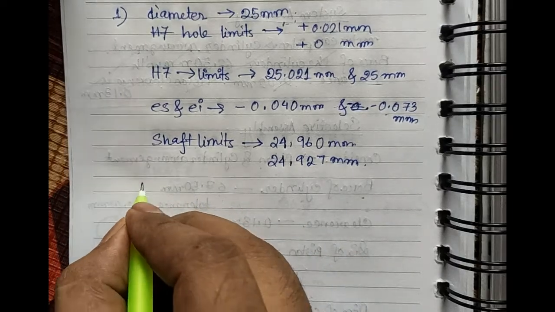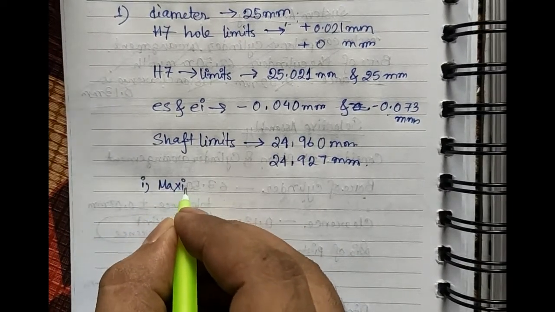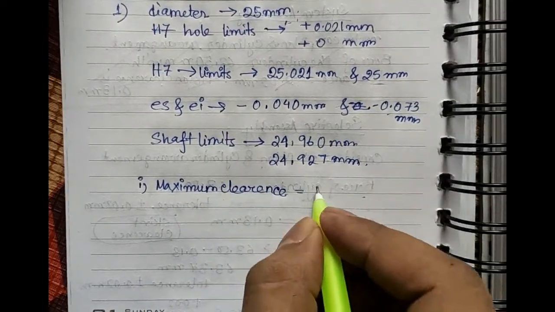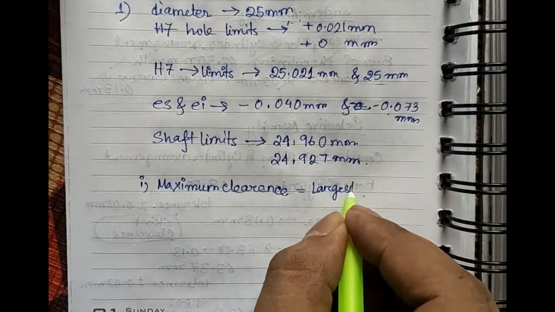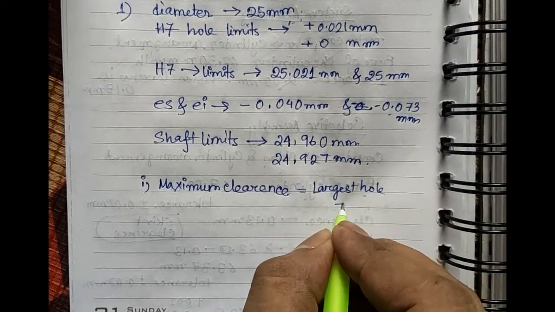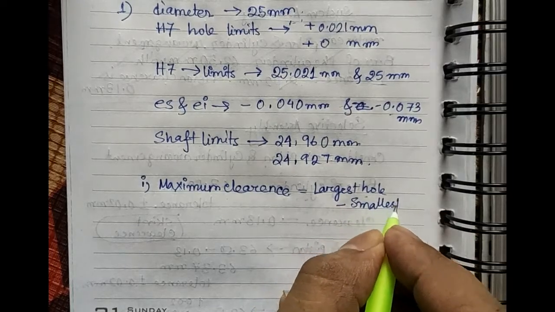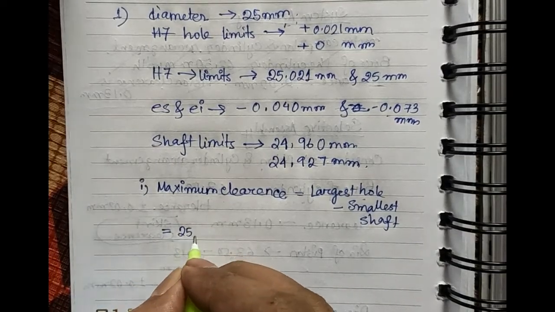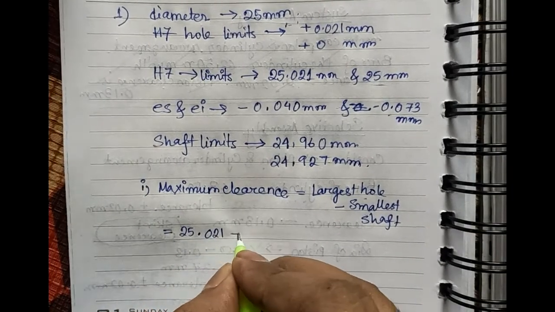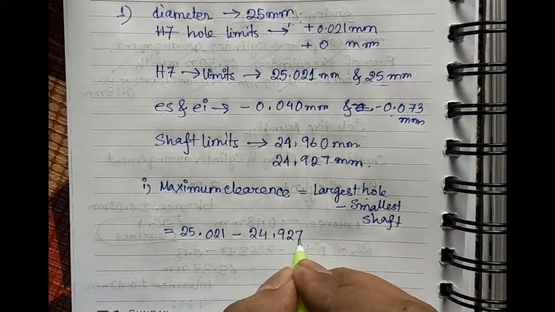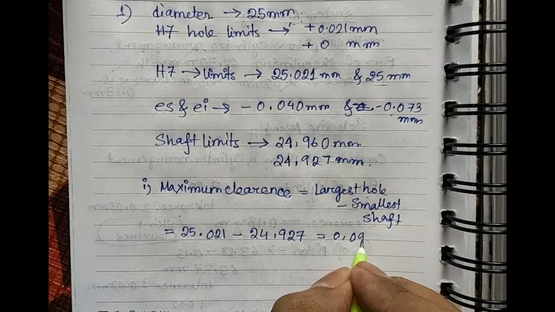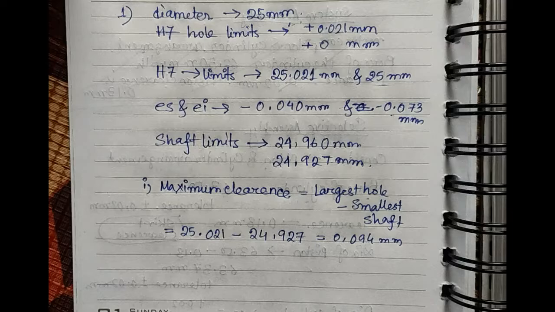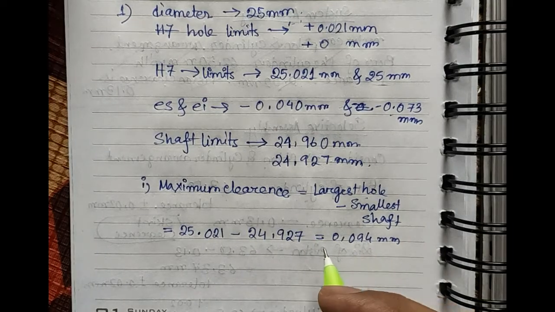Number one, maximum clearance is equal to the largest hole minus the smallest shaft. So it will be 25.021 minus 24.927, which is equal to 0.094 mm. This is how you can find the maximum clearance.